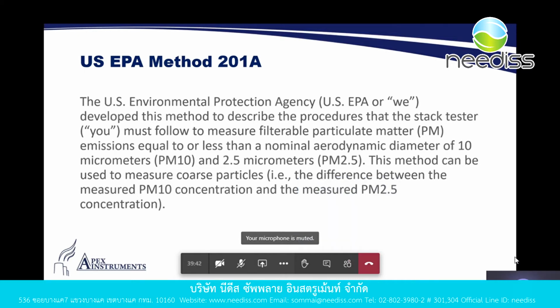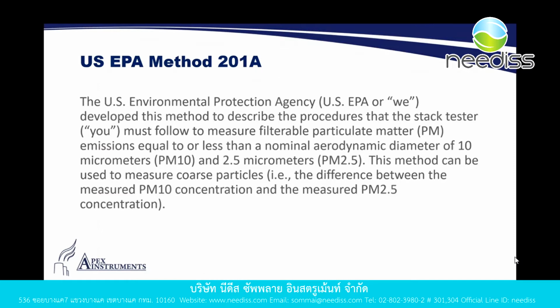Knowing the basics of isokinetic sampling, most or all of the US EPA methods are variations of that basic Method 5 for sampling total particulate. And Method 201A is no different.